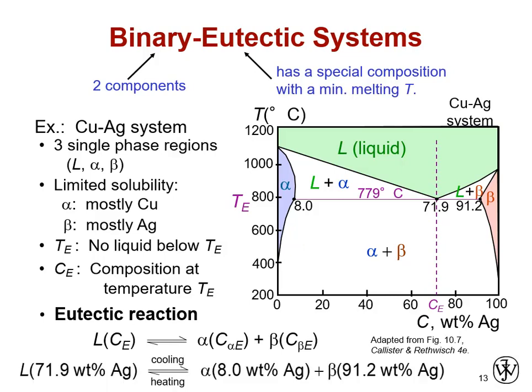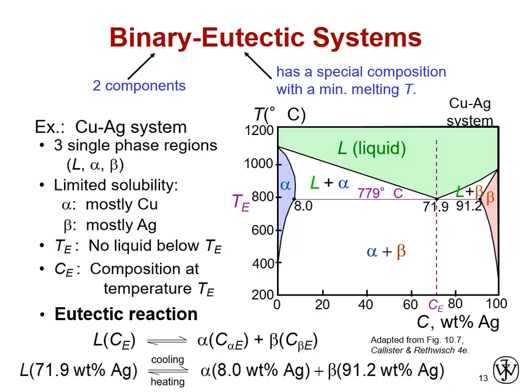So this occurs in this system at the eutectic composition, which is 71.9 weight percent silver. And at that composition and at 779 degrees C, all the liquid present, which is all the material present, because if we're cooling, it started out as all liquid at that composition, will spontaneously form alpha and beta completely.